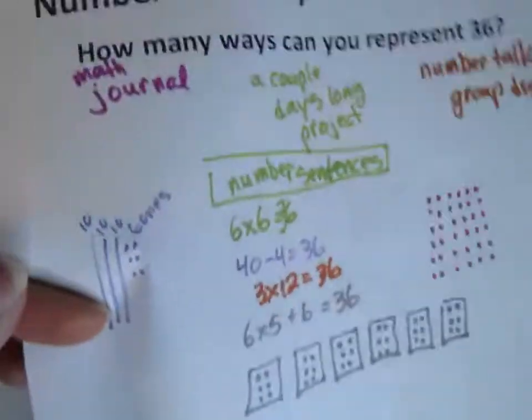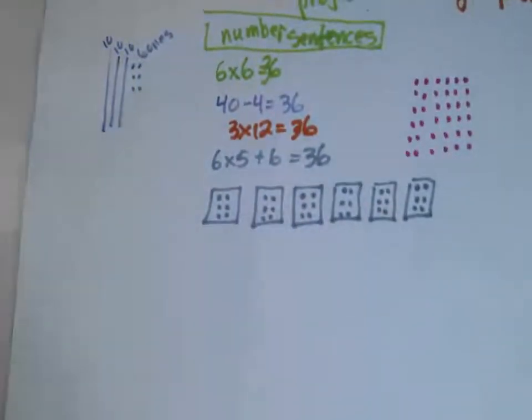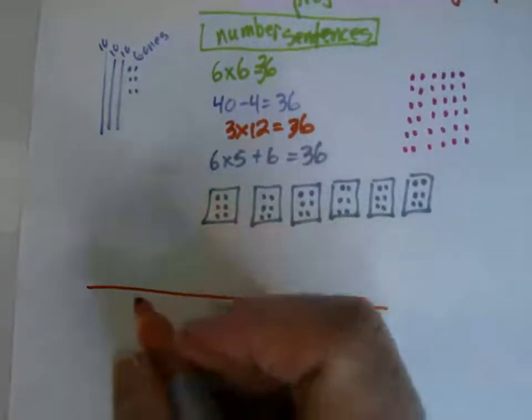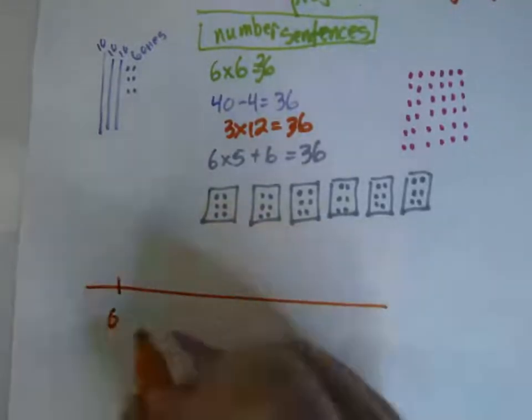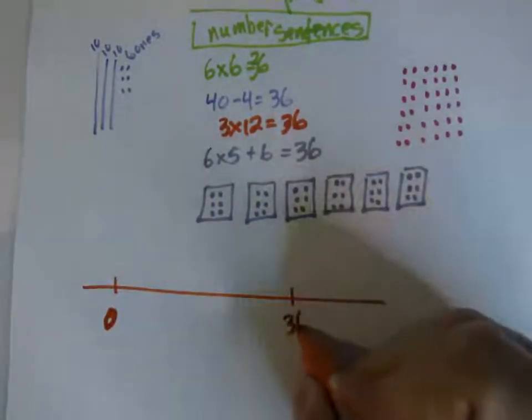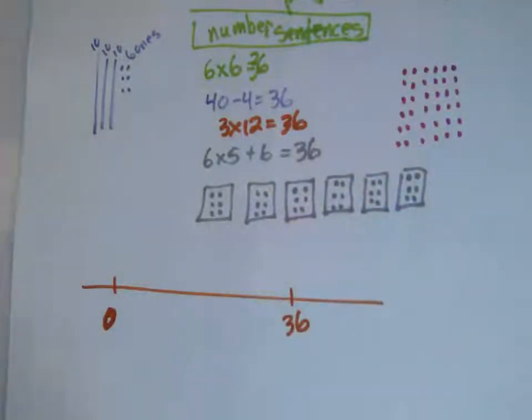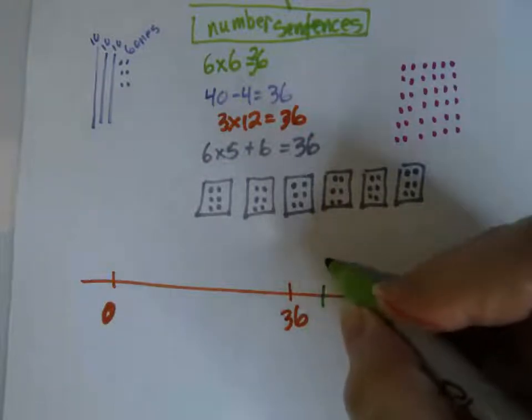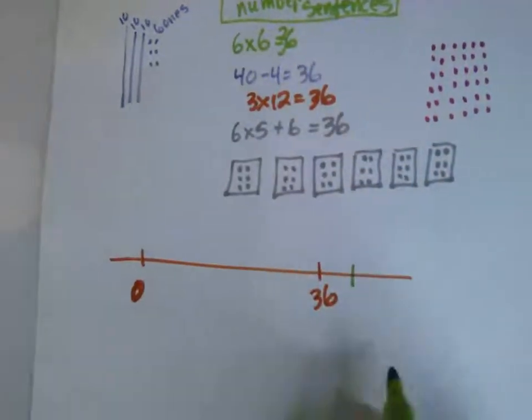Okay. Could I also put it on a number line? Sure. There's probably a million ways to represent it on a number line. Here's 0. And let's see, 36 is here. And if I wanted to get really like tricky with it, maybe I could leave it as a mystery.